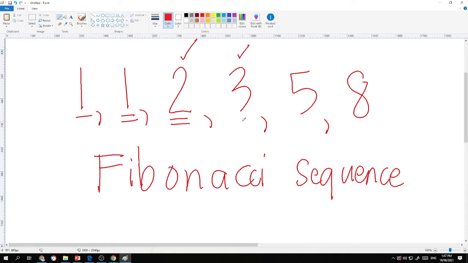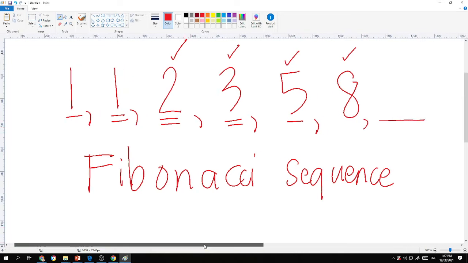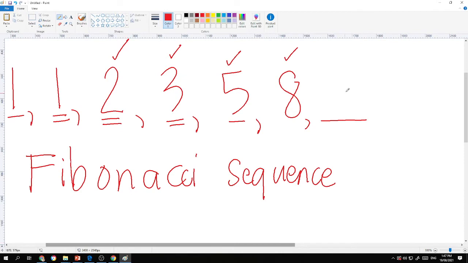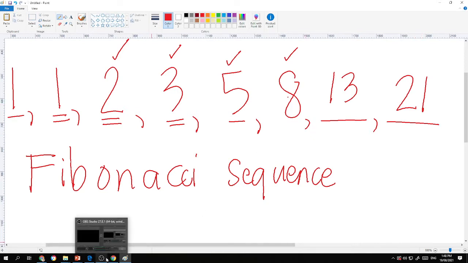What is 2 plus 3? 3 plus 5. So what is our next term? Who can give me the next number? What is 5 plus 8? There you go. What is 8 plus 13? That is how we get the Fibonacci sequence. Okay? Do you understand what a Fibonacci sequence is, class? You add the numbers before to get the next number.